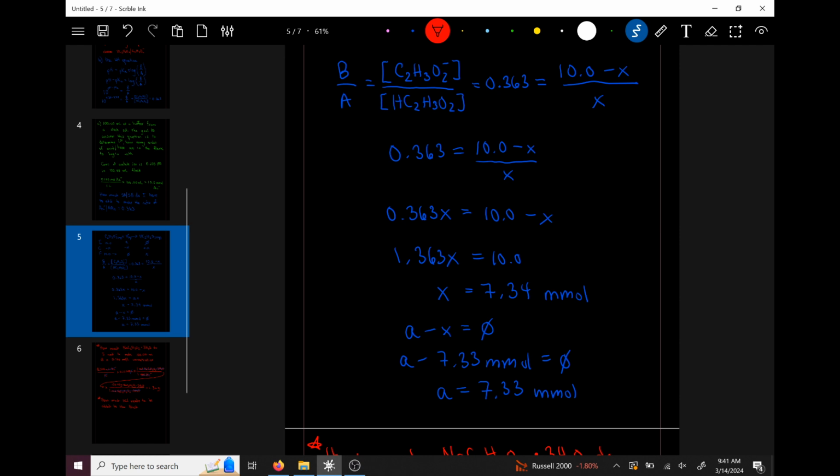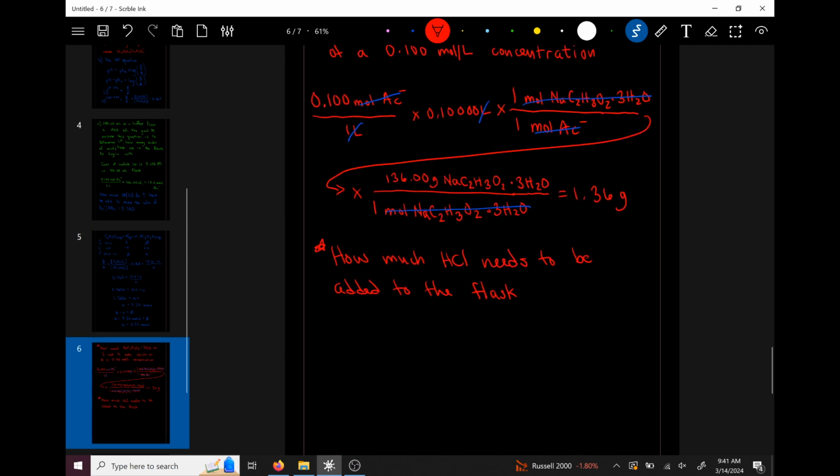The stock solution of HCl in the laboratory is 1 molar. So if I know I have to add 7.34 millimoles of, I'm just going to call this HCl because I know that the proton amount that I add is also equal to the initial amount of HCl because it's a strong electrolyte, right?